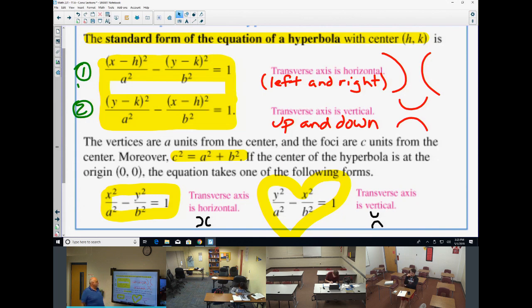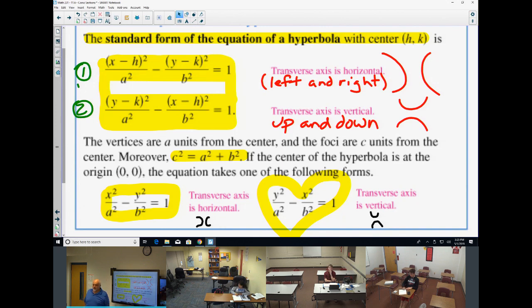Now, the formula to find c is slightly different. Instead of c squared equals a squared minus b squared, it's plus. With the ellipse, it's plus in the middle up here and minus to find the c. For the hyperbola, it's minus up here and plus to find the c.